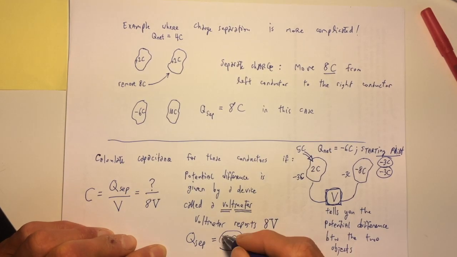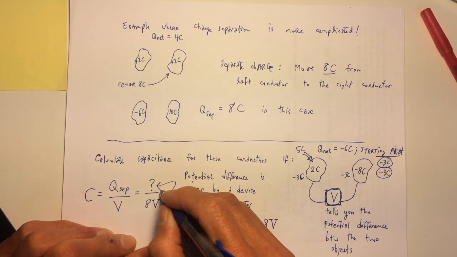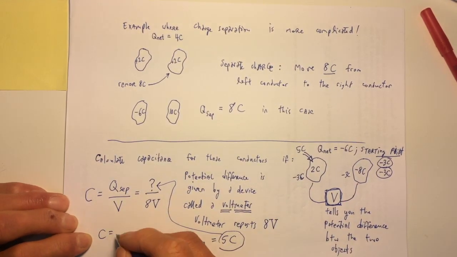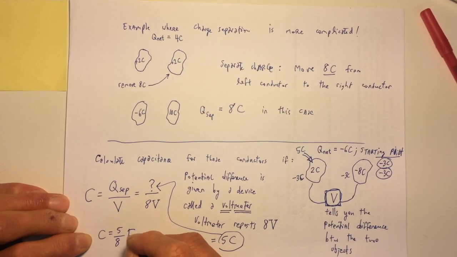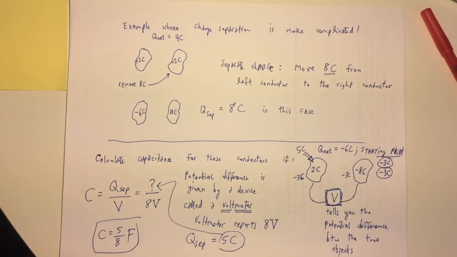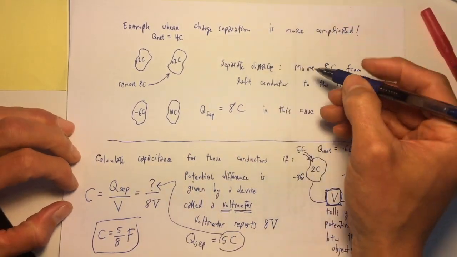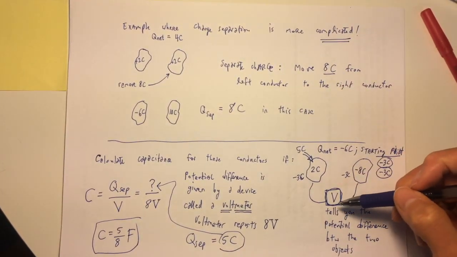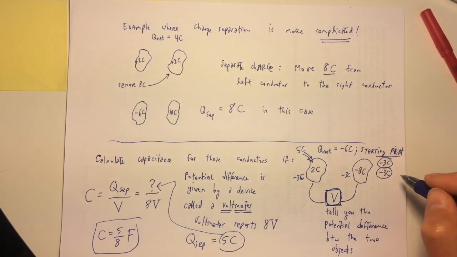So this is what belongs there, and the capacitance is equal to 5 divided by 8 farads. This is complicated, not because of the voltage, but because of the charge separation.